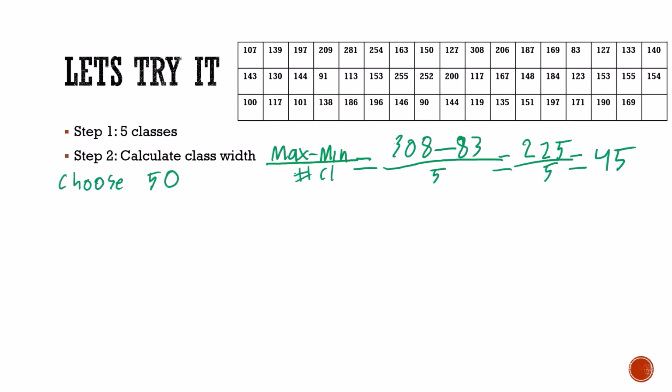Now that I've chosen my class, yes. You wouldn't be able to get lower because the difference between the smallest and largest value is 225. So our largest class has to reach that. If I ran it down to 40, 40 times 5 is 200, right? But if I started exactly at the minimum and went up 200, I would get something outside of the data.